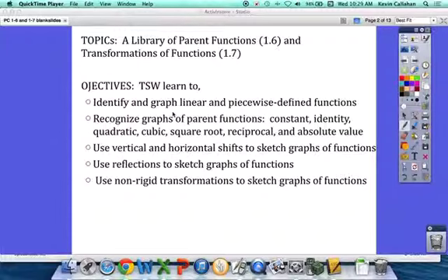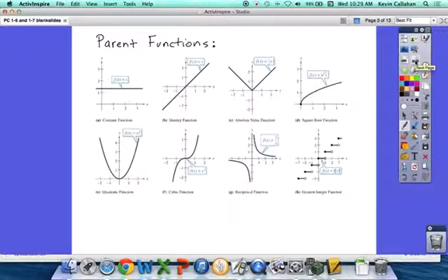These will go up at the end too, if you want. These are the common functions, the parent functions. The old version of this textbook used to call them common functions, like the Algebra 2 book did. The new version calls them parent functions. You can see that the first two are linear, straight lines.